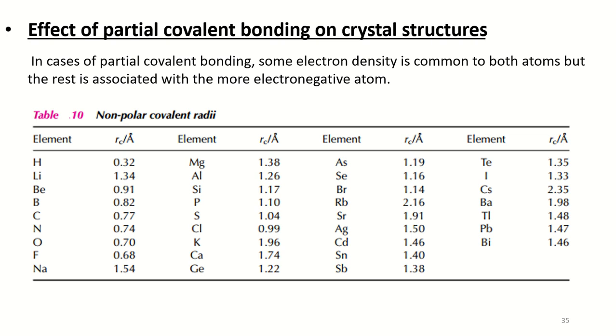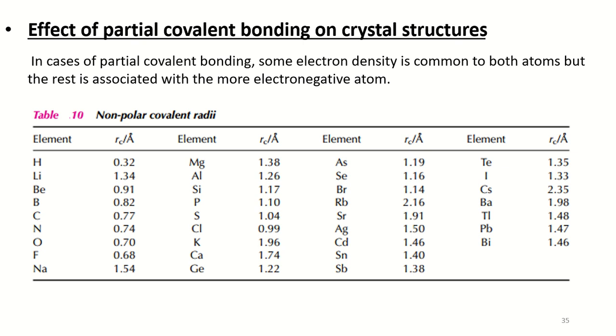Here is the effect of partial covalent bonding on crystal structures. Covalent bonding, partial or complete, occurs when the outer electronic charge density on an anion is polarized towards any neighboring cation.